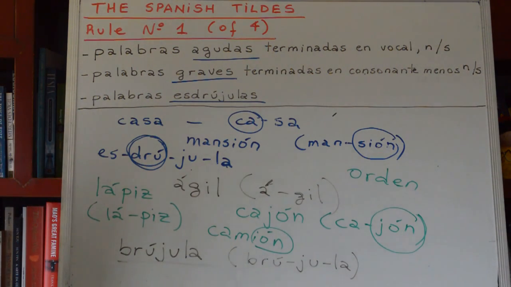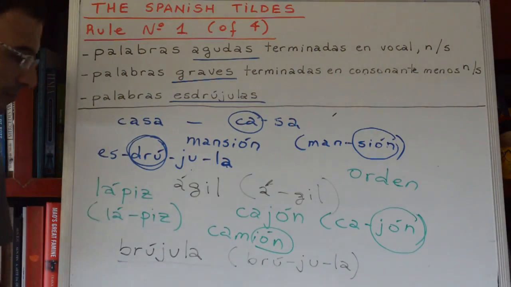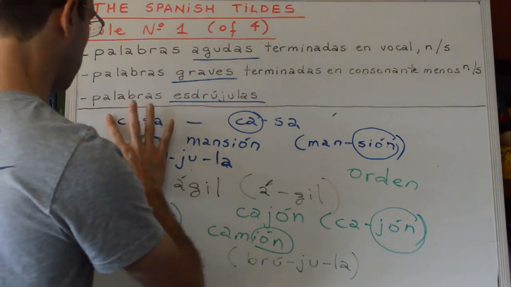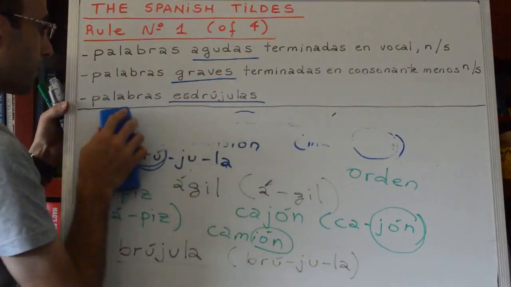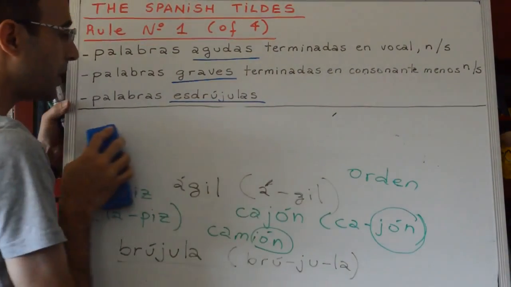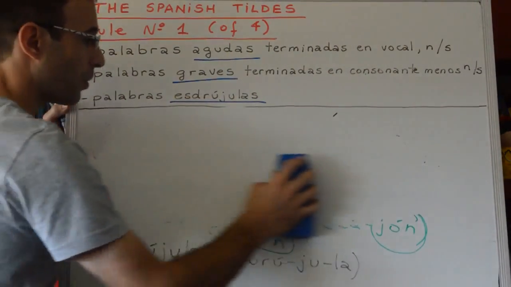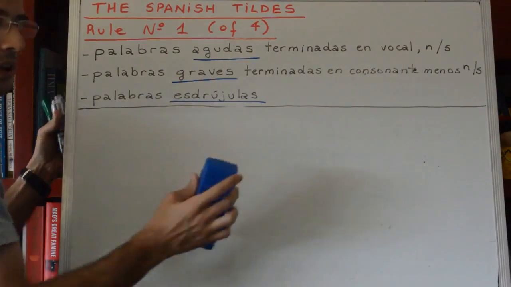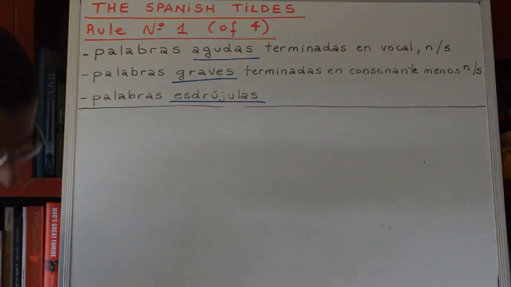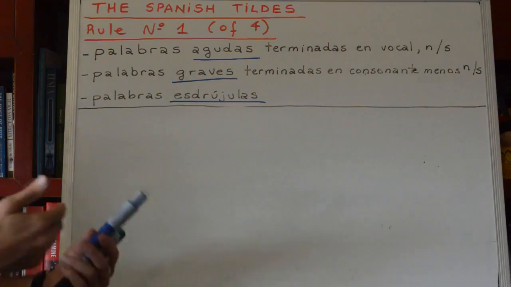Okay, with an exception. Let me show you this exception. It's actually not an exception because Spanish is quite a regular language that usually doesn't have too many exceptions. This is actually part of the rule.